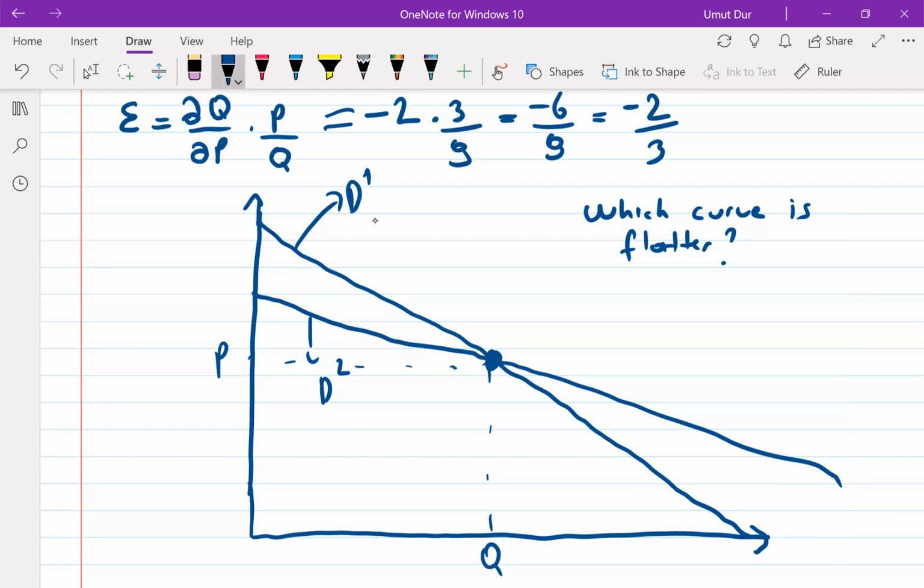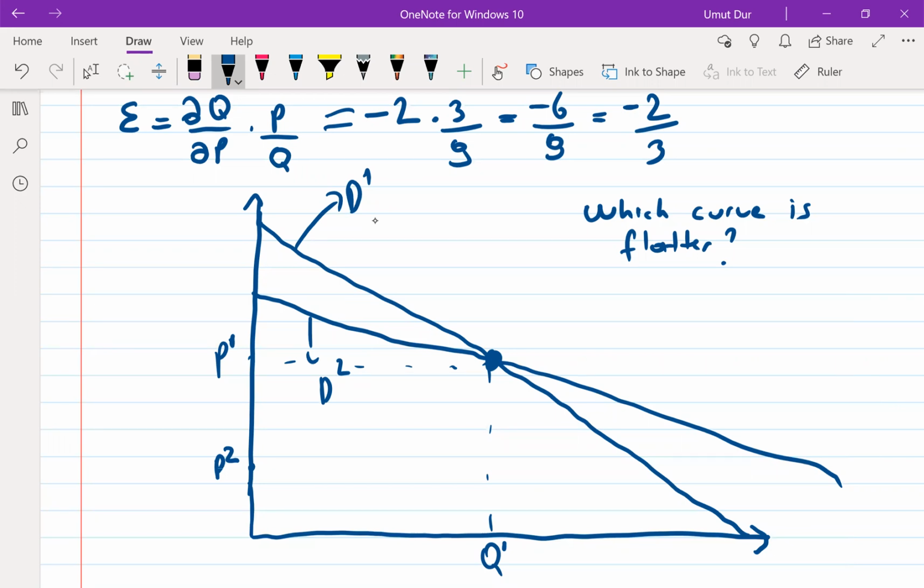Let's say our price has decreased from the initial price level P1, Q1 to P2.